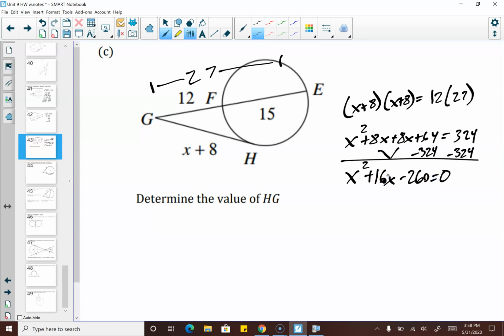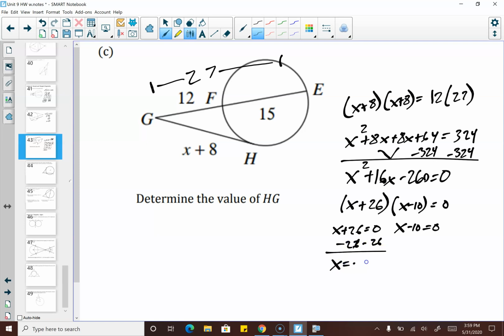So again, factoring, got to figure out what multiplies to negative 260 and adds to a positive 16. So again, might take you a little while, but you get x plus 26, and you get x minus 10. So we'll set each of those equal to 0. So minus 26, that gives us x equals negative 26.